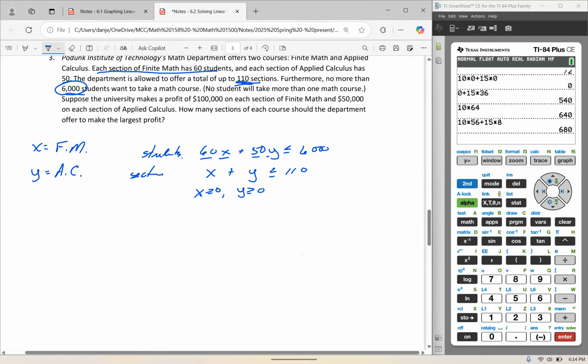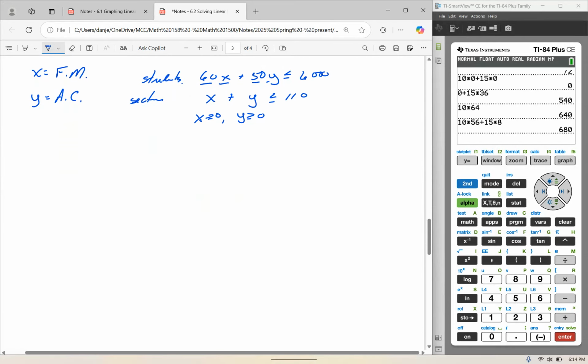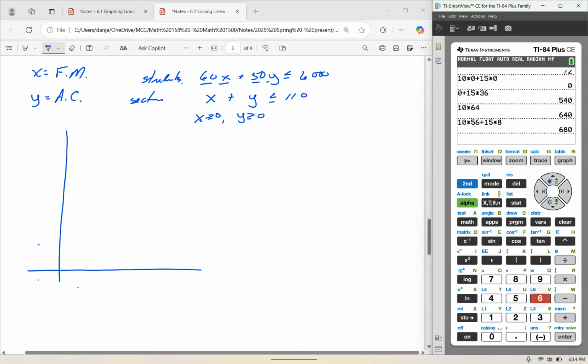Okay, so let's graph this. X and Y are both greater than or equal to 0, so I don't need the second, third, or fourth quadrants. The first equation, if X is 0, Y is going to be 6,000 divided by 50, which is 120. So we have a y-intercept of 120.